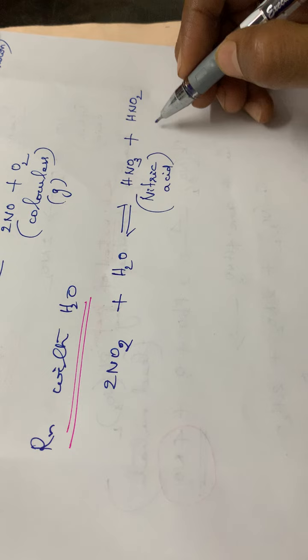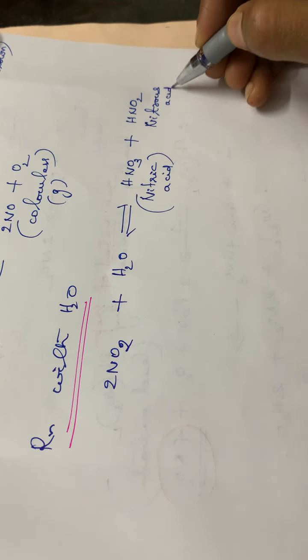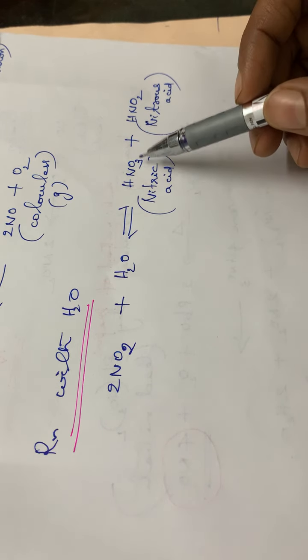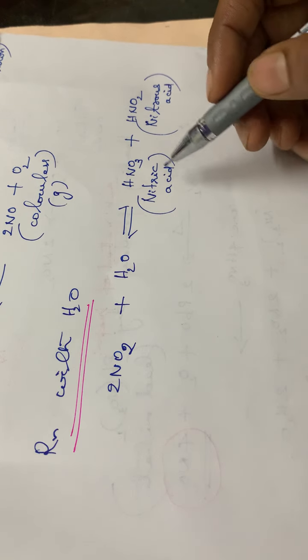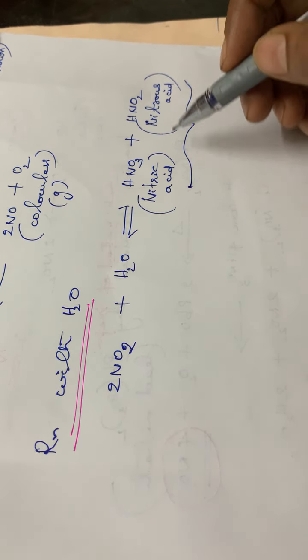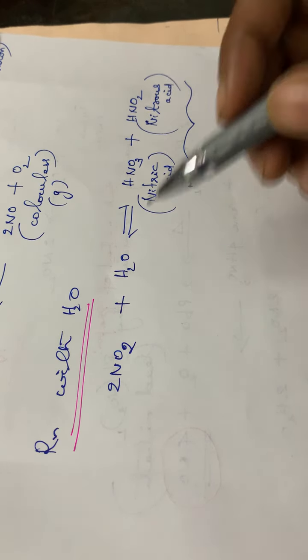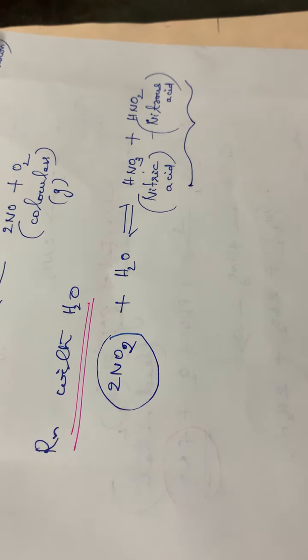Okay, 2NO2 on reaction with water gives nitric acid and nitrous acid. So we can say that this mixture of nitric acid and nitrous acid is an anhydride of nitrogen dioxide.